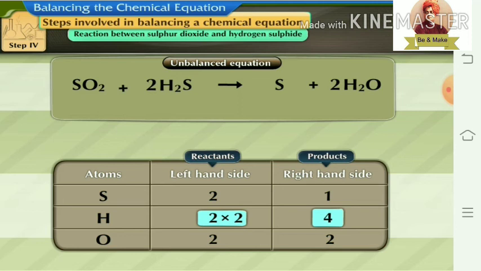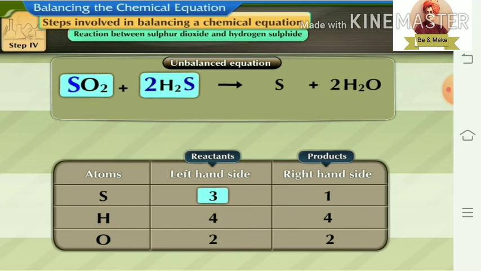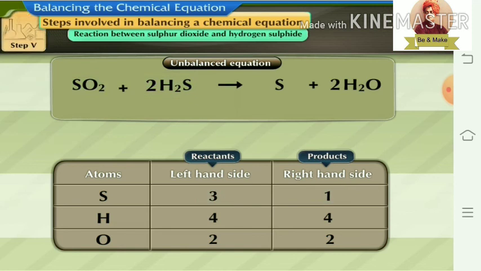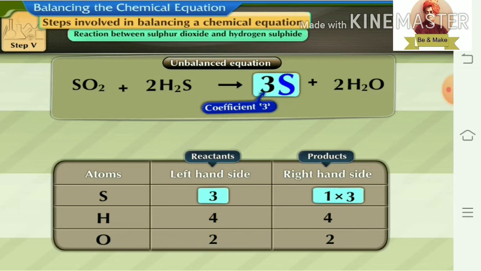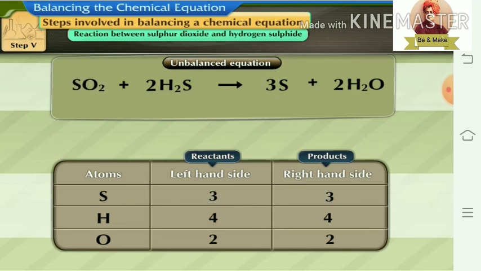In this way, at reactant side the number of sulfur atoms becomes 3 and at product side it is only 1. So the next step for balancing is that we have to go with the unbalanced sulfur atom. In order to make it 3, at right hand side sulfur should be multiplied with 3 coefficient. In this way we can equalize the sulfur atoms at LHS and RHS as 3.